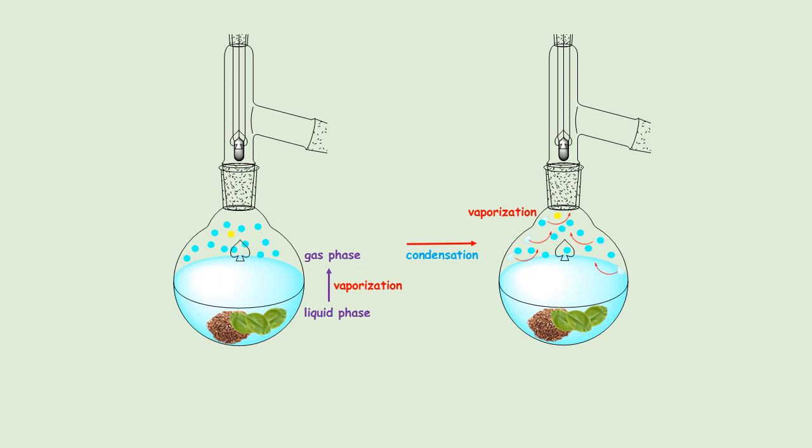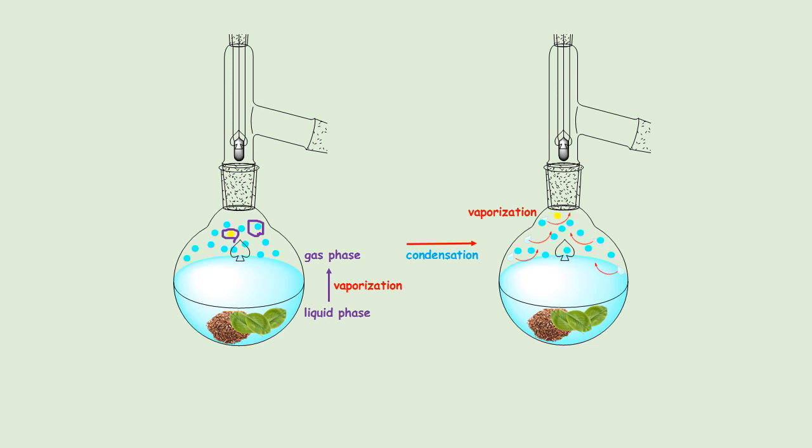Typically, plant oils have boiling points over 200, sometimes 300 degrees, and so there's not going to be very much of the oil in the vapor phase at any given time. Representing the oil vapor here with just a single yellow dot, and the water vapor or steam with a blue dot, the steam is going to far outnumber the oil vapor.